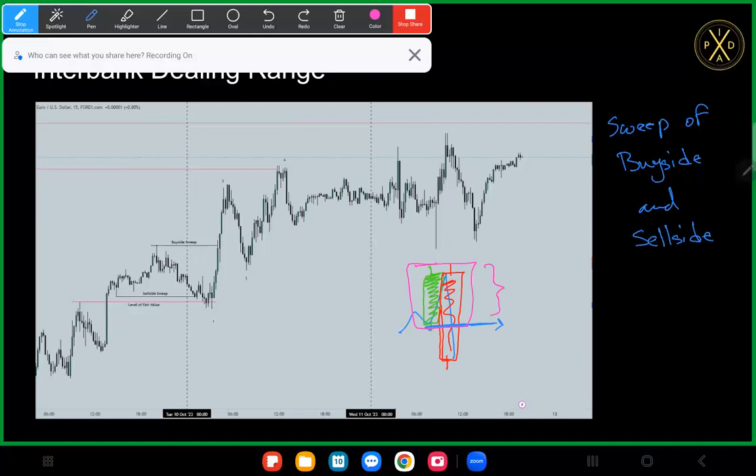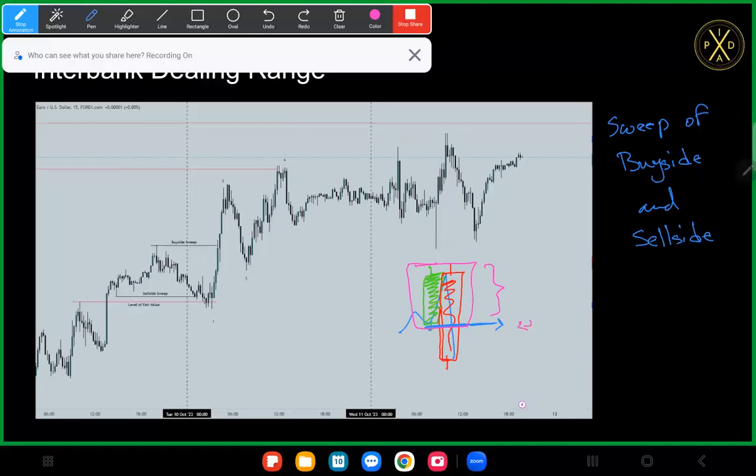And then the best dealing ranges are the ones that leave with speed, right? So the most high probable way for us to leave a balanced price range is with speed. Because when we leave with speed, it's showing us that price is one directional, right? So it's headed in one direction. And then that creates this inefficiency, right?